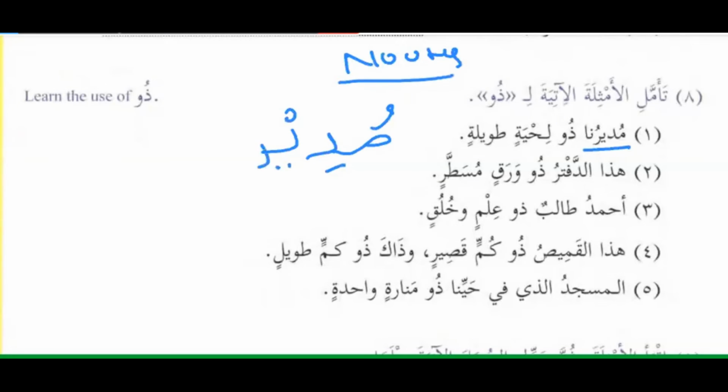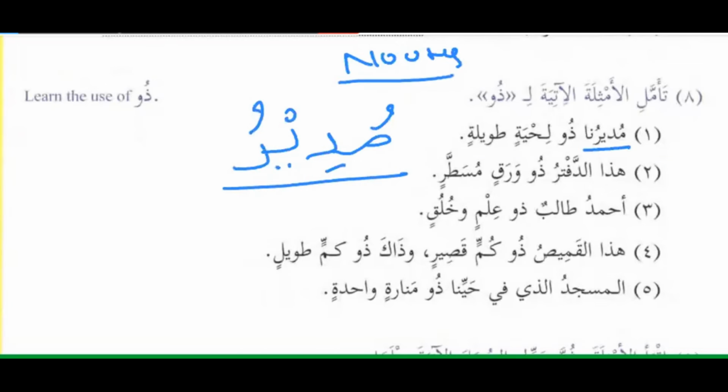Now, these things will get clear by the examples. So now the first example, mudiruna zu lihyatin tawilatin. Now these are not verbs, these are simply nouns. Now we have mudir. Mudir means, let's say, principal.